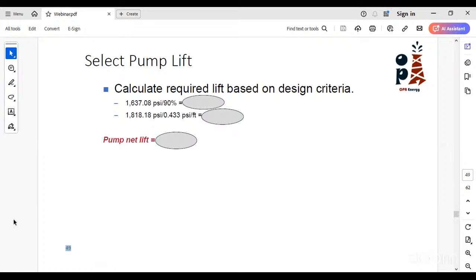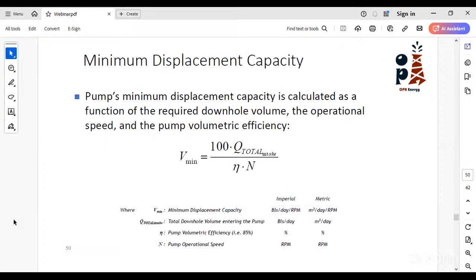The second thing after designing the net lift capacity is the displacement capacity. So what is the minimum requirement of the displacement of this pump? We have shown in the given data that we have a target production of around 644 barrels per day.